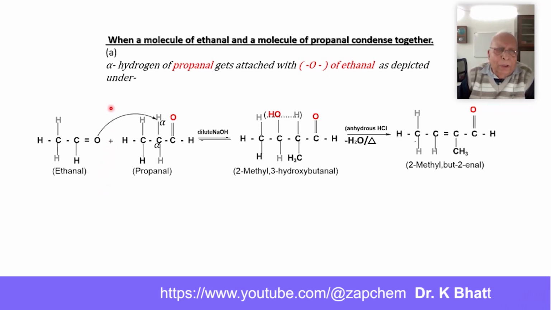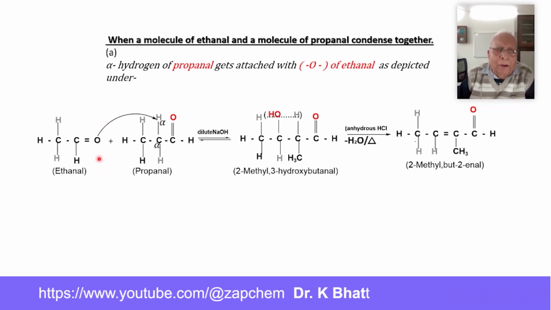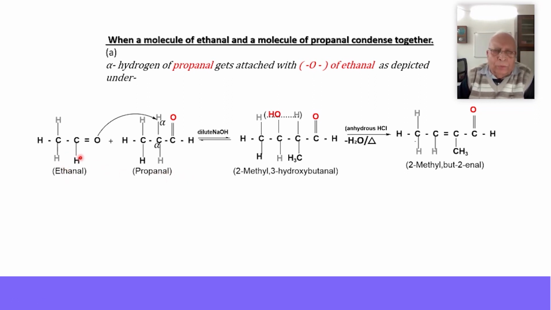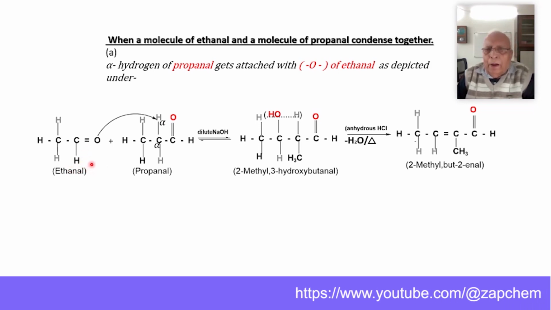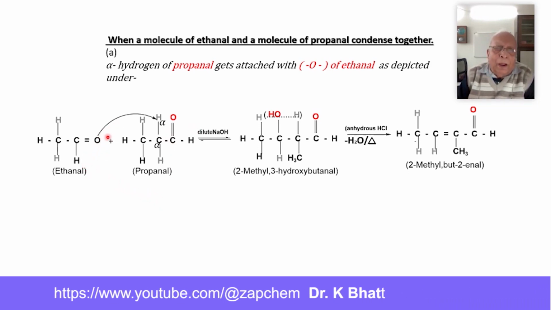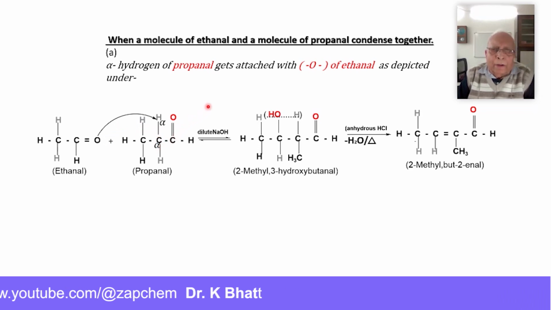Firstly, there can be a condensation of ethanol and propanol using alpha hydrogen of ethanol, because we find that both the compounds, whether it is propanol or ethanol, contain alpha hydrogen. So, which alpha hydrogen will be used as a nucleophile, or which alpha hydrogen will be attached with the oxygen, is very important to decide the product formed.